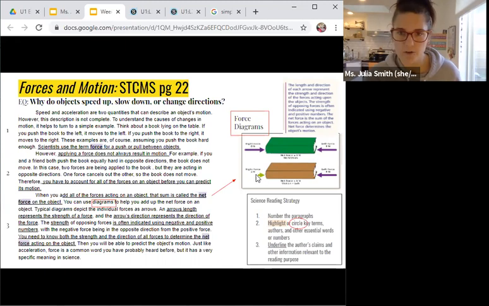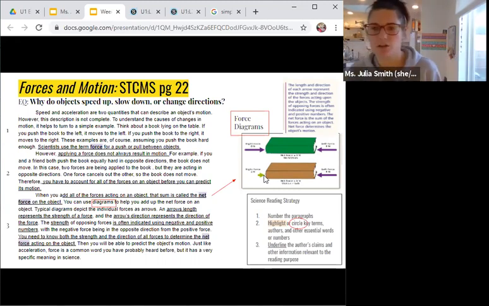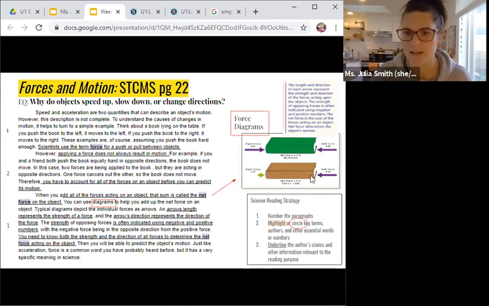So our short little arrow here is 2 newtons of force, and this is 8 newtons of force. Because they're moving in opposite directions, pushing against each other, we're going to subtract this 2 from this 8 because 2 of these newtons are canceling out 2 of these newtons. So we end up with a net force of 6 newtons. And then again, the book is moving to the left.